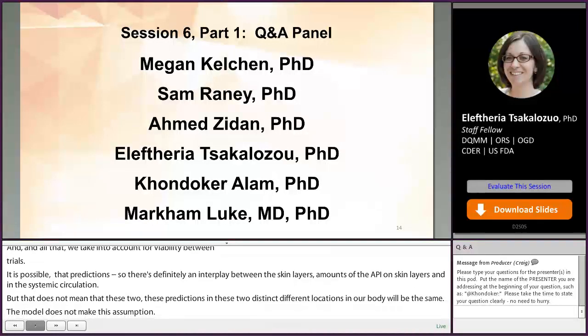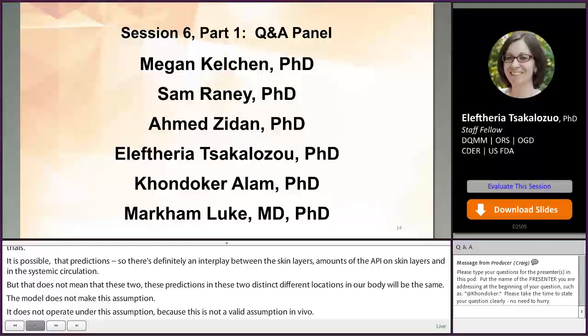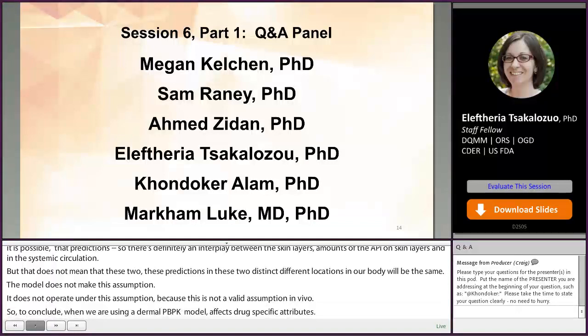So to conclude, when we're using a PBPK model, model predictions on local bioavailability reflect drug product specific quality attributes, as these predictions may or may not be the same between the reference and the test product.